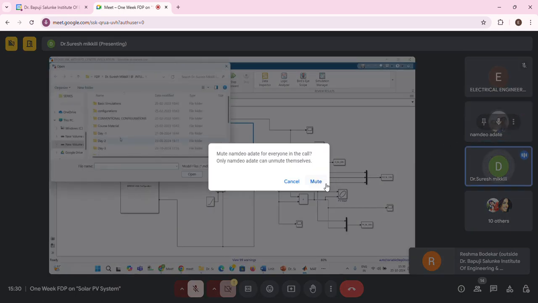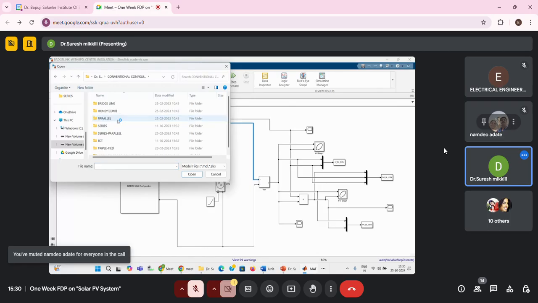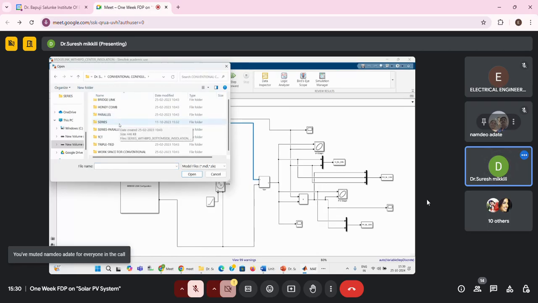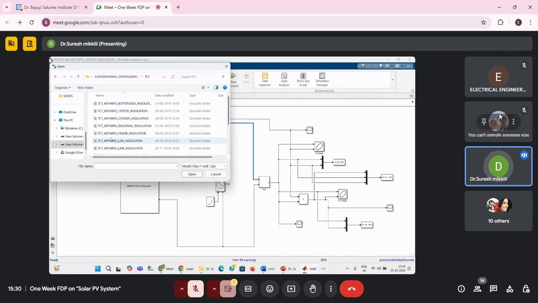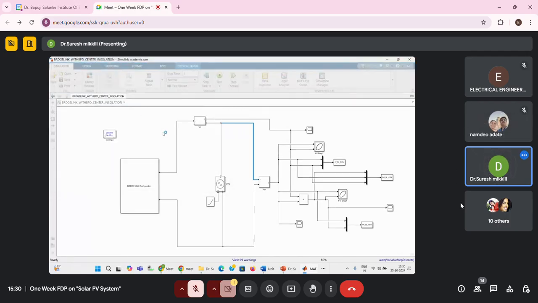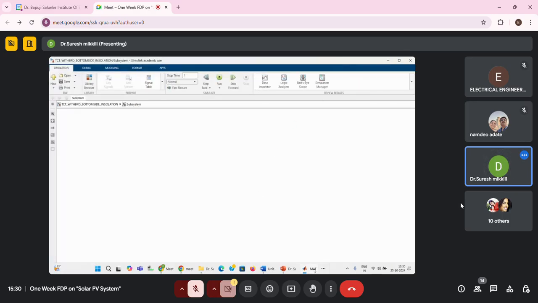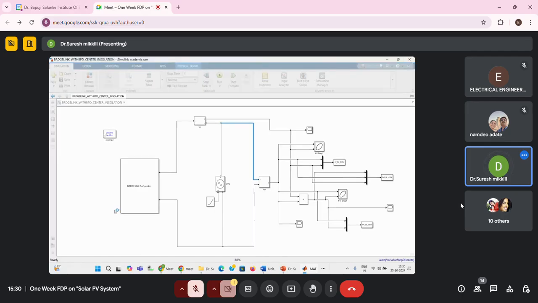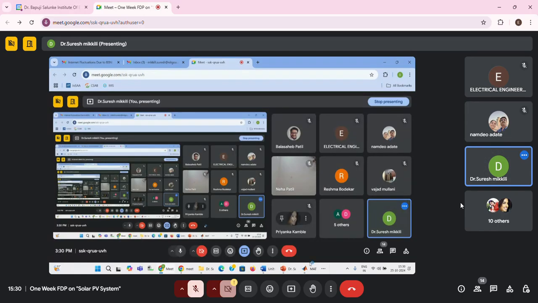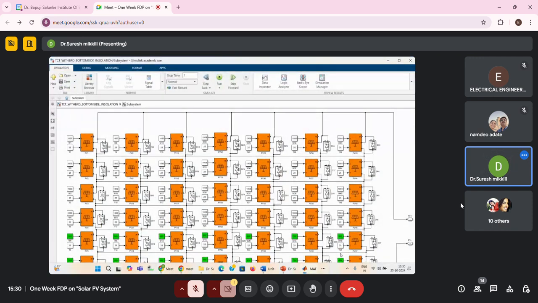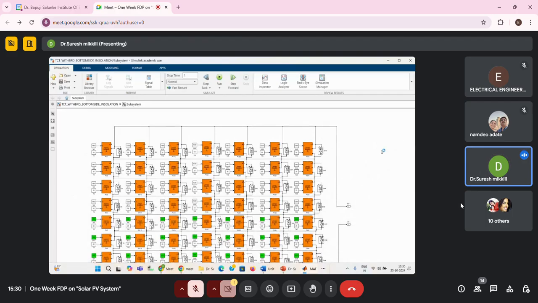Okay, now I will show you the TCT structure, the total cross tied structure. This is the total cross tied structure.